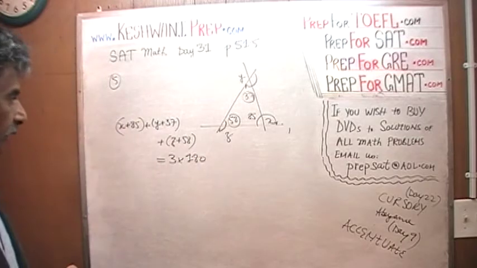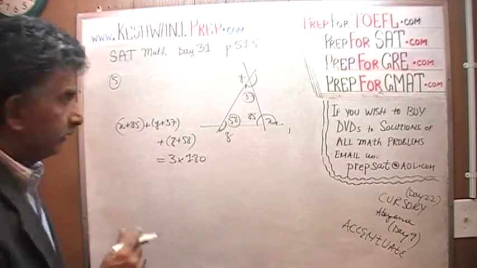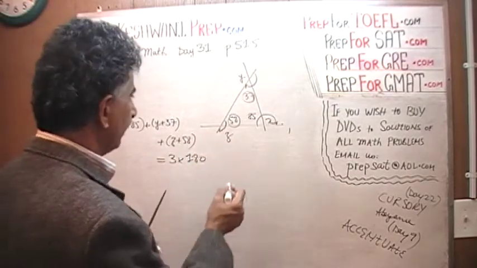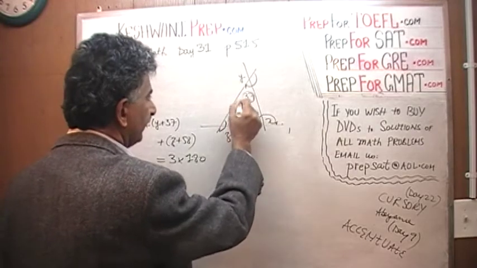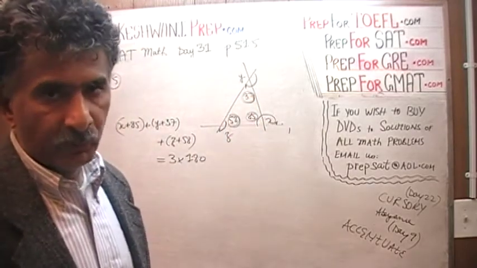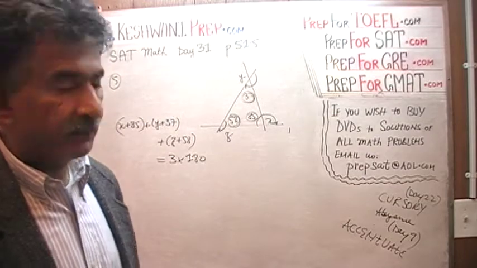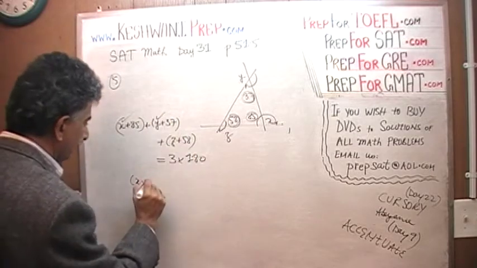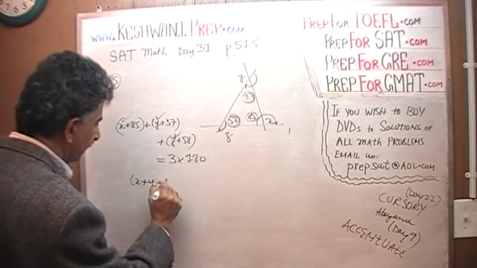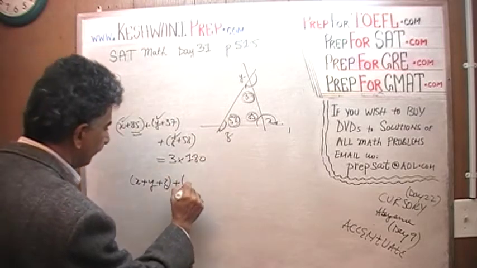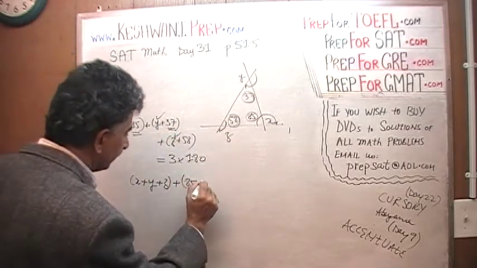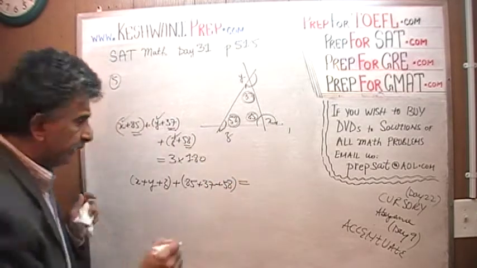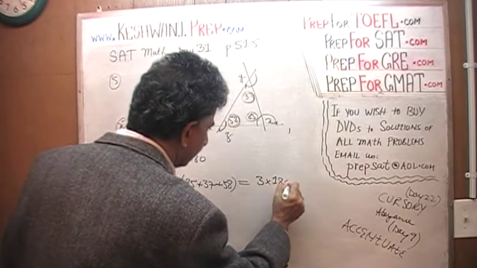3 times 180. And we also know that when we add up these 3 figures, 37, 58, and what did we find for here? 85, 58, and 37, they add up to 180 because it's the sum of the angles in the triangle. So let's write them down here. We have x plus y plus z, and then we have 85 plus 37 plus 58, and they have to equal 3 times 180.